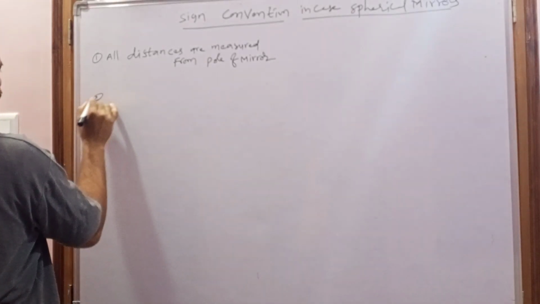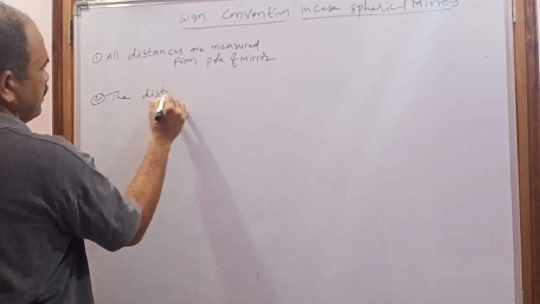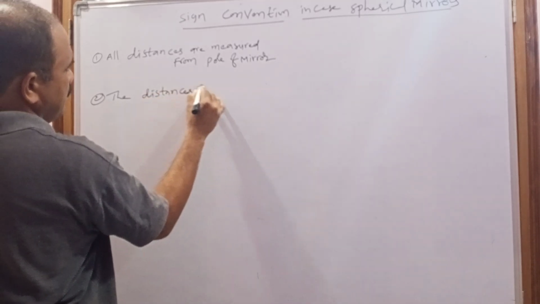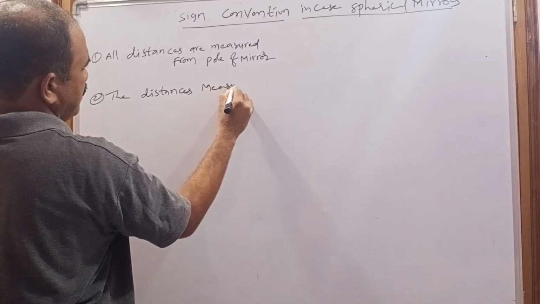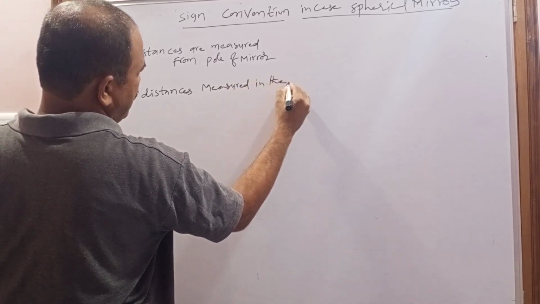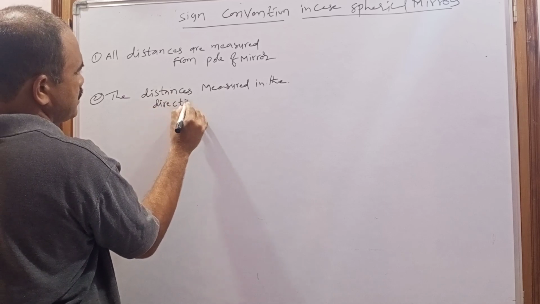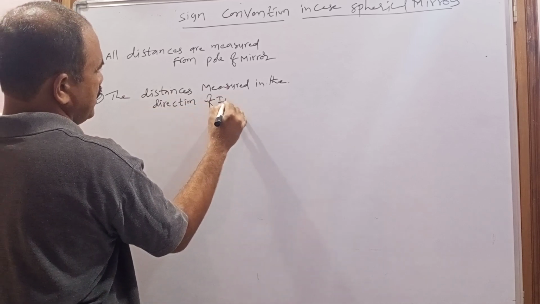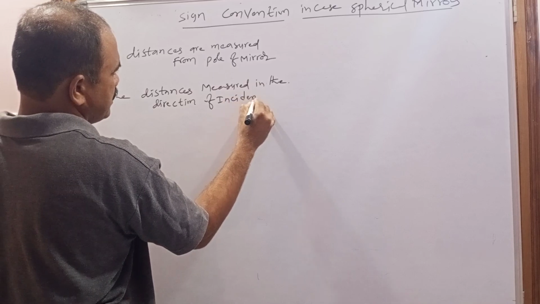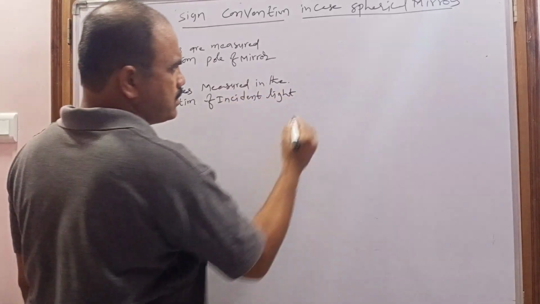And second one, the distance measured in the direction of incident light is taken as positive.